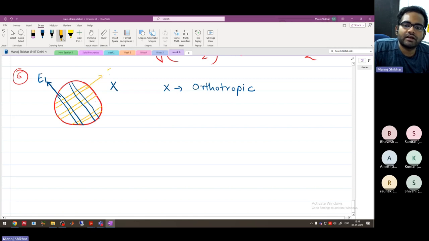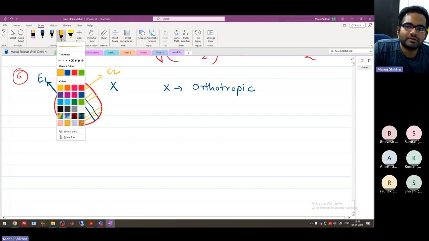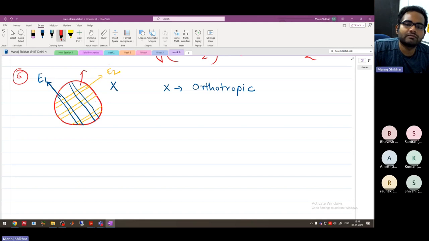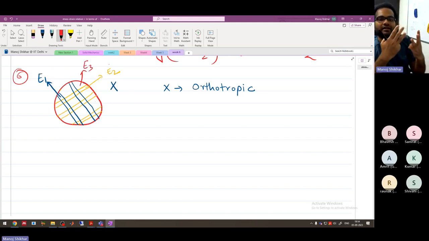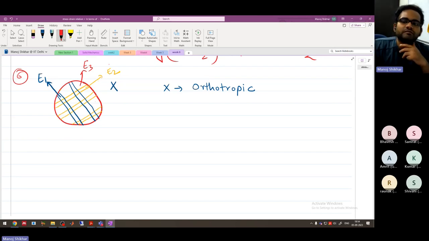In this direction, we will have something E2. And if we move in the third direction, the direction of the isotropic material we already had, we will have something E3. So in three perpendicular directions we have three different properties. So the material X is an orthotropic material.